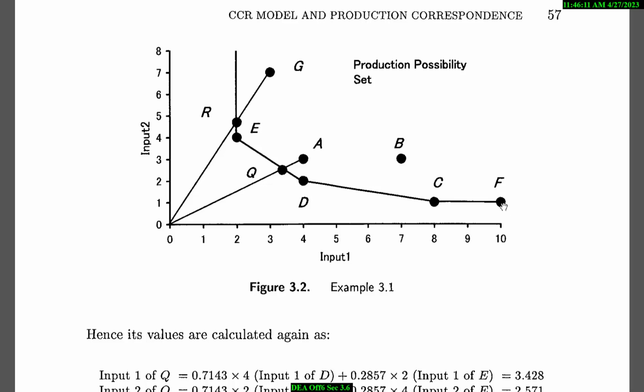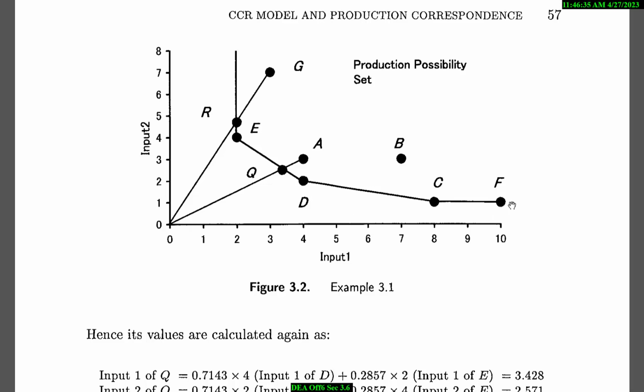For F, you can see we cannot determine a point in the production possibility set where both of its inputs are less than F. Indeed, radially, that shows the value of theta star.